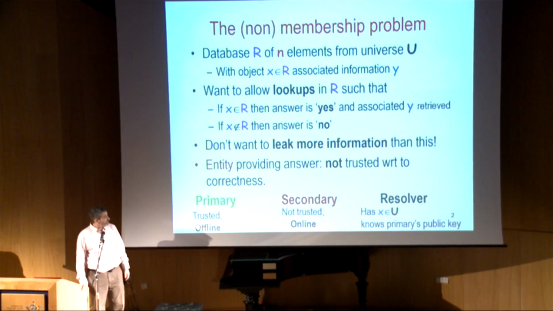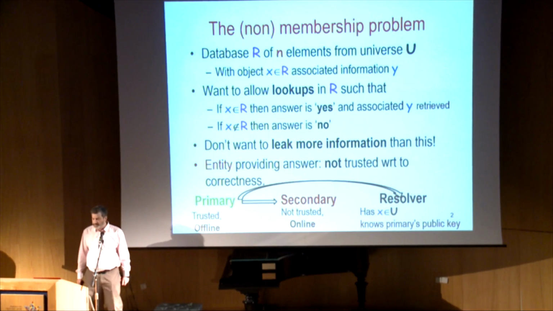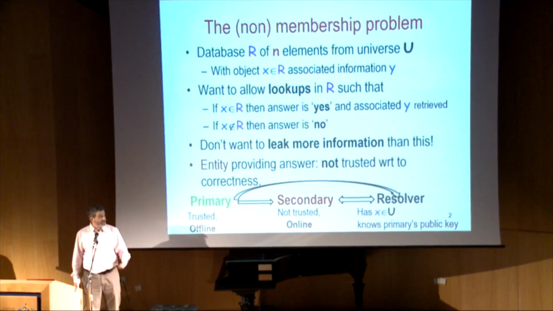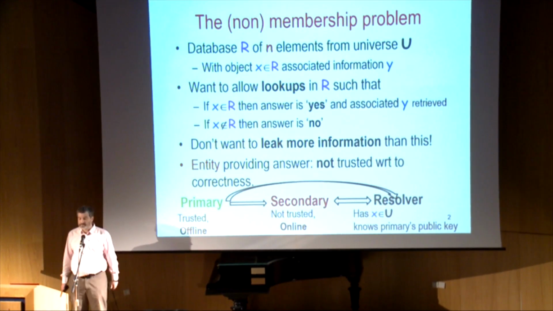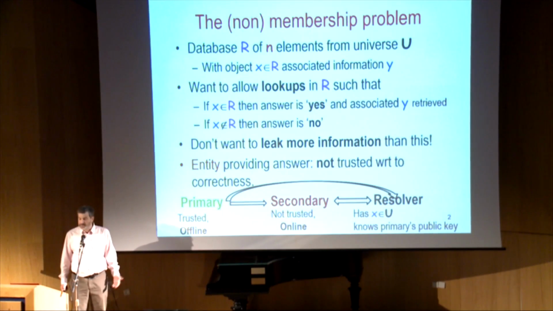And he knows the primary's public key, but nothing else. The primary doesn't talk to him directly, not when he knows X. Only the secondary and the resolver talk. So the secondary is not trusted with respect to correctness. So the question is, what can we do in this case?